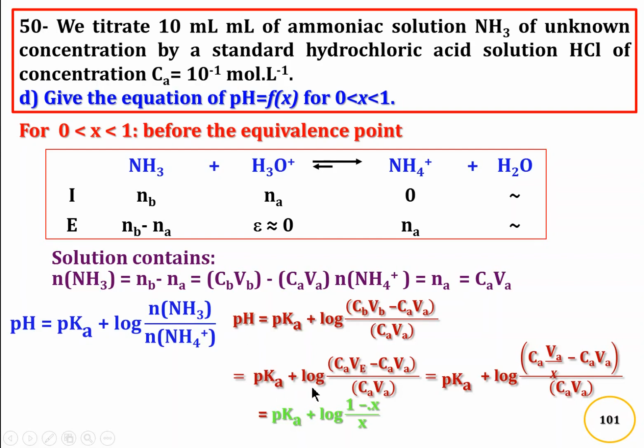So the pH equals pKa plus log CaVe minus CaVa divided by CaVa, and Ve is replaced by its relation with X, which is equal to Va divided by X. So the pH equals pKa plus log CaVa divided by X minus CaVa divided by CaVa. So we simplify by CaVa and we find the relation pH equals pKa plus log (1 minus X) divided by X.